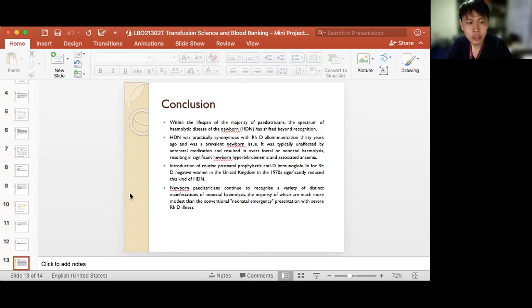While the clinical load placed by HDN on neonatal services has been significantly decreased, it has not been eliminated totally. Newborn pediatricians continue to recognize a variety of distinct manifestations of neonatal hemolysis, the majority of which are much more modest than the conventional neonatal emergency presentation with severe rhesus D illness.